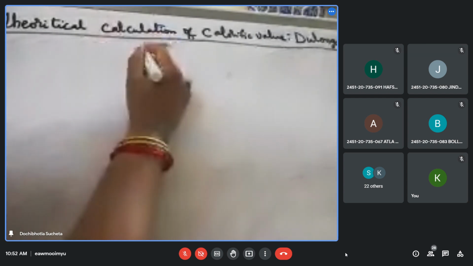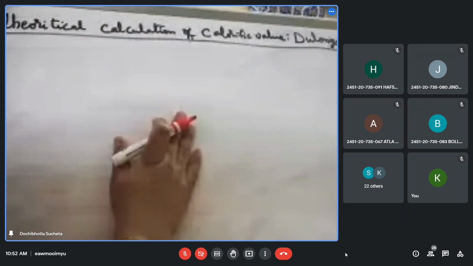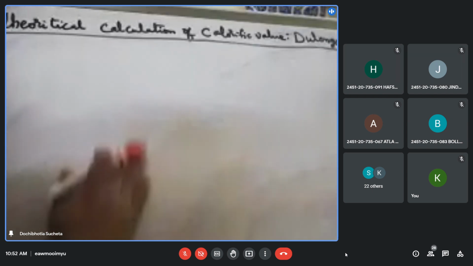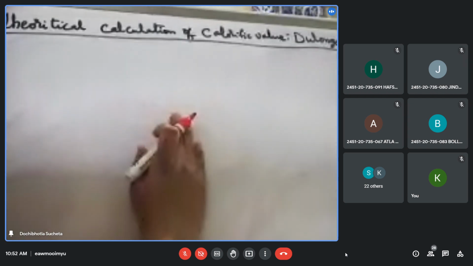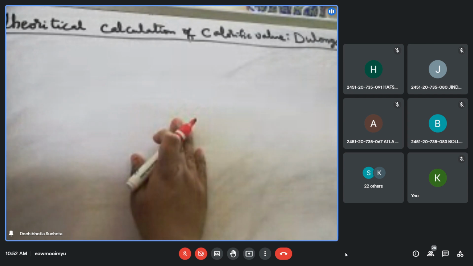Okay, listen. If a fuel is there, I hope you remember in the discussion about proximate and ultimate analysis of coal, what we found in proximate analysis: we found the moisture content, ash content, volatile matter content, and fixed carbon content. How much amount of carbon is there?